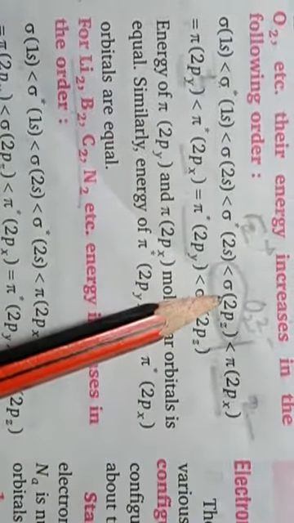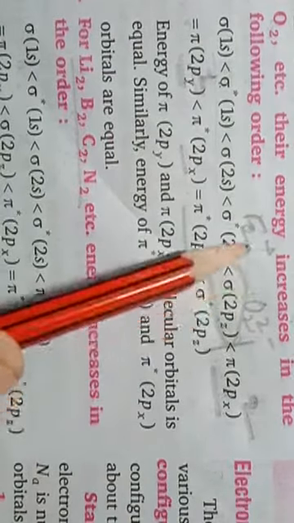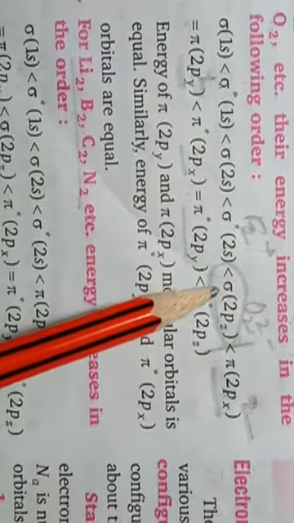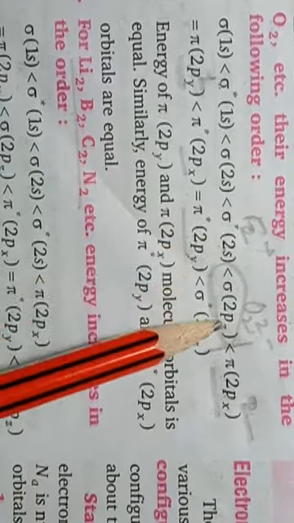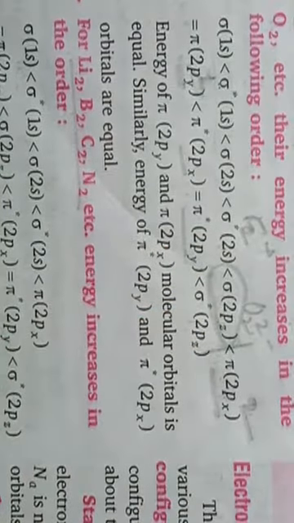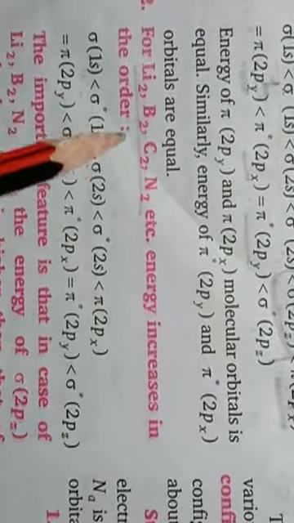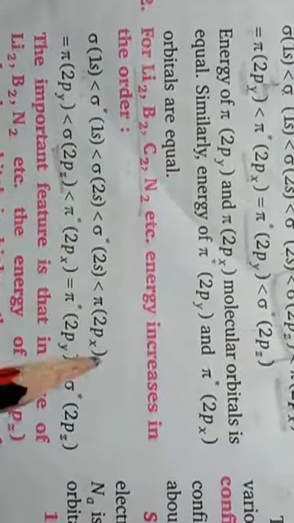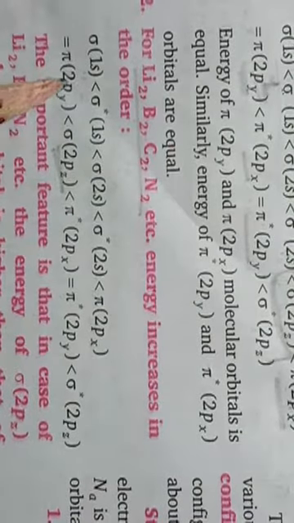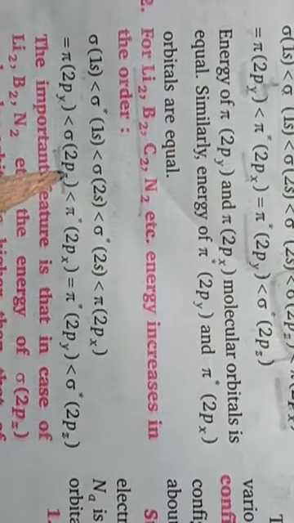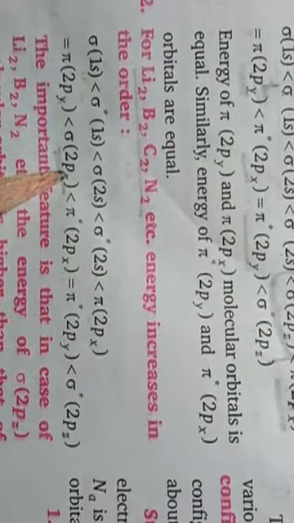For oxygen, fluorine and other units of such type, the sigma 2pz comes after 2s. But in the case of other units, the sigma 2pz comes after pi 2px and 2py. Okay students, so this is the difference. Keep this difference in mind when you write down the molecular orbital configuration of the units.